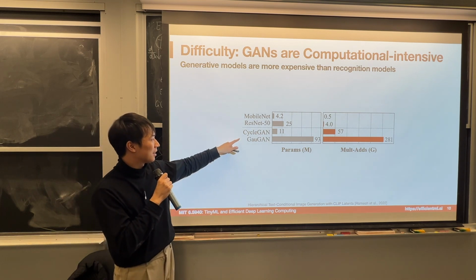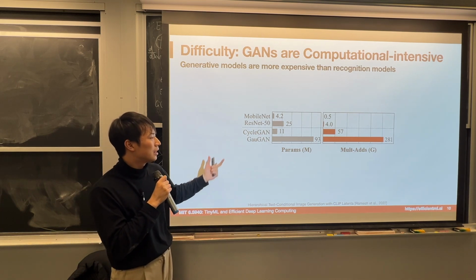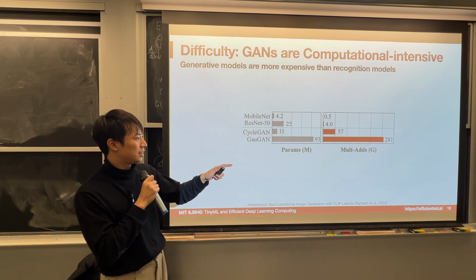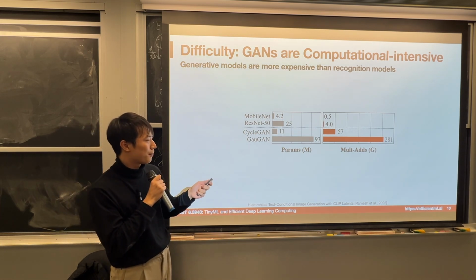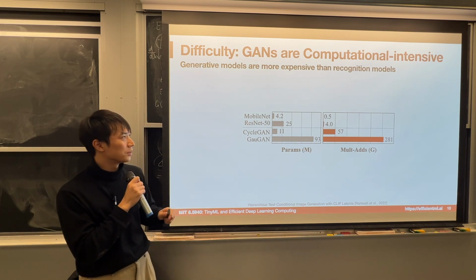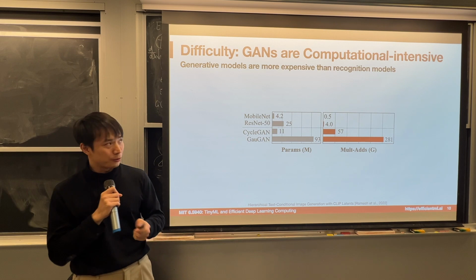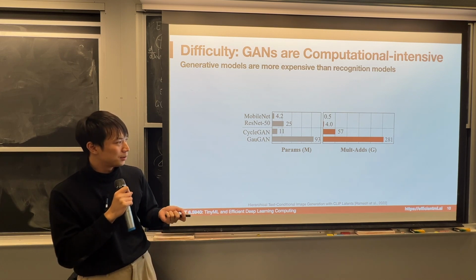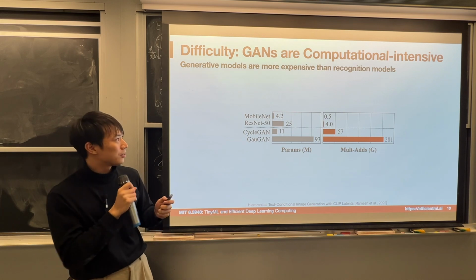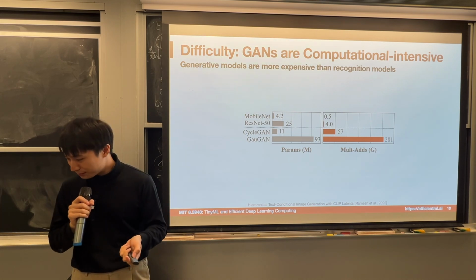While on the lower side are CycleGAN and GauGAN, which are two quite representative generative models. As you can see, the computation and the model size are orders of magnitude larger compared to the discriminative models. This larger computation will make the inference of these models super slow, especially on edge devices. That is why we need some efficient techniques for these GAN models.